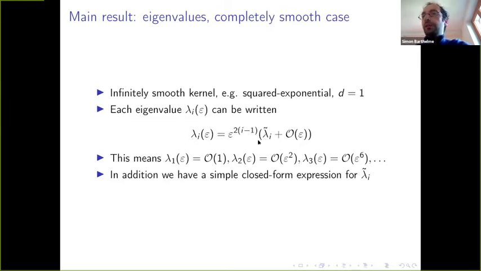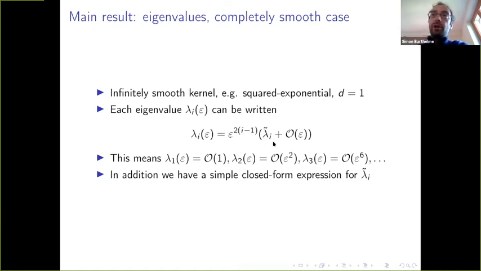Then lambda i tilde, and lambda i tilde is the coefficient that we can extract to get an approximation. And we know how to compute lambda i tilde. I can't give you the formula here, but it's easy to compute. So in dimension 1, we know exactly the speed at which each eigenvalue goes to 0, and we know the coefficient behind.